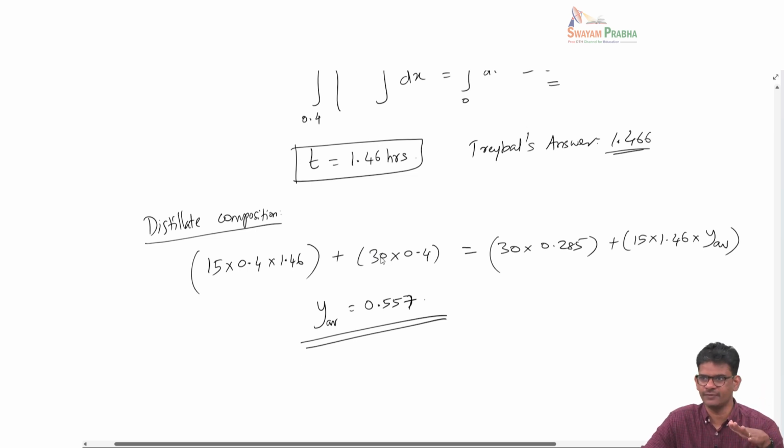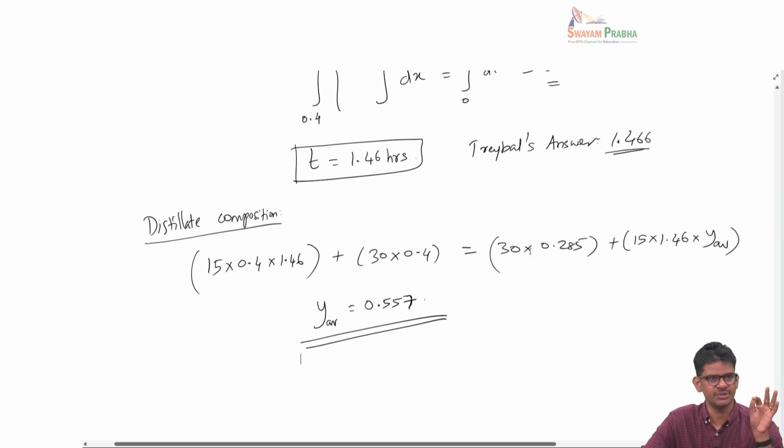And this has to be equal to how much vapor we have generated and how much A was there. So here 15 moles per hour of vapor was generated times 1.46 hours would be the total moles of vapor, and then you multiply by some unknown average composition, that is y average, which is what we want to find out, plus at 1.46 hours the still has a residual liquid of 30 moles, that is constant, but the composition is now different, it is 0.285.